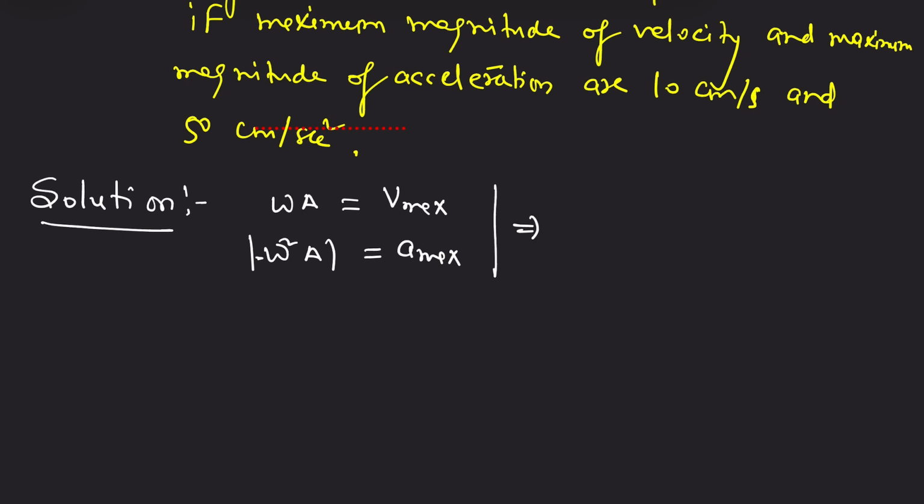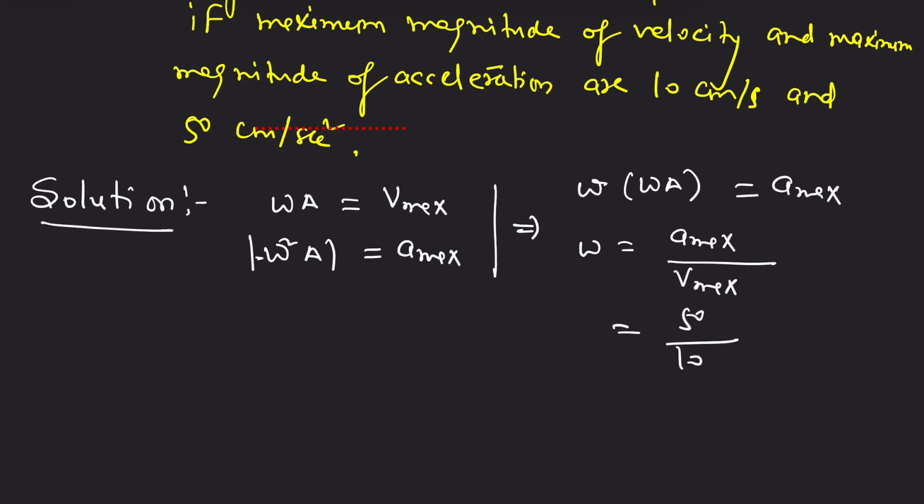Omega into omega A is equal to a max. So omega is equal to a max divided by v max. So 50 divided by 10, and that is 5 radian per second. So that is your omega.